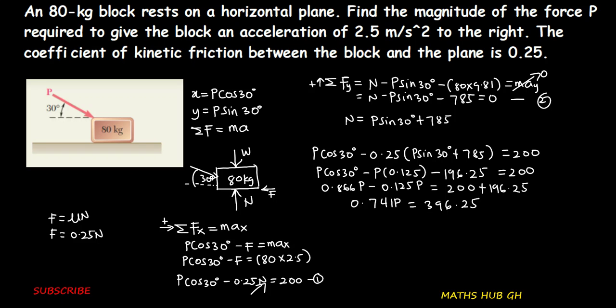Now let's divide both sides by 0.741, so this will cancel out this. Let's find the value of P. That will be 396.25 divided by 0.741, which gives me a value of 534.75.